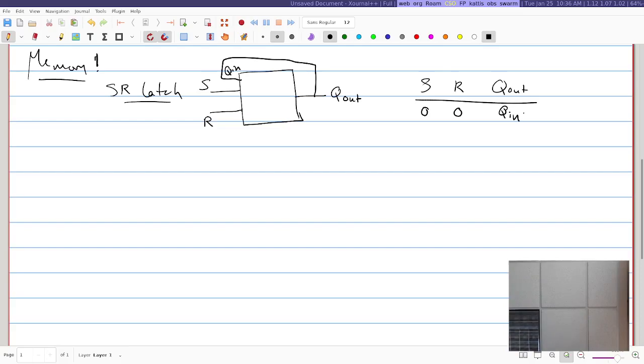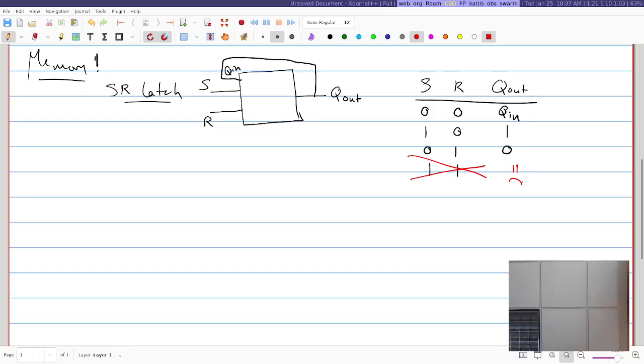When S goes to 1, then we want Q out to be 1, because we're setting it. We're saying, hey, I want you to be 1 now, and from then on it's going to be 1. If R is 1, then it's going to become 0. And if they're both 1, sad face. Okay, don't do that.